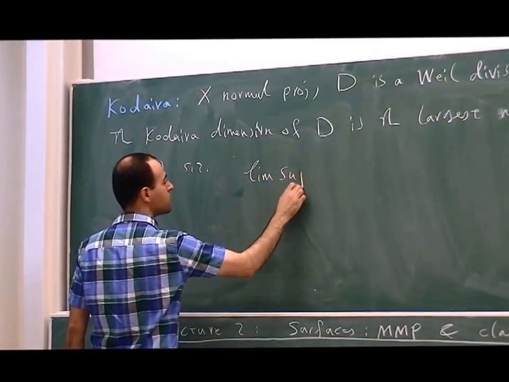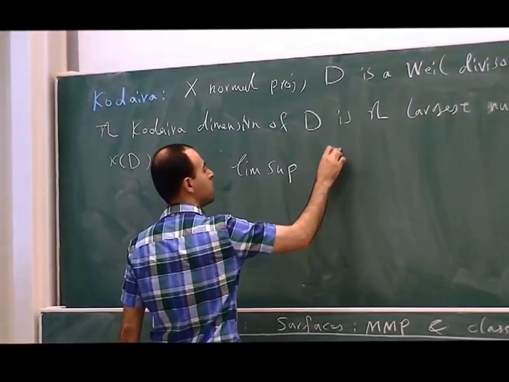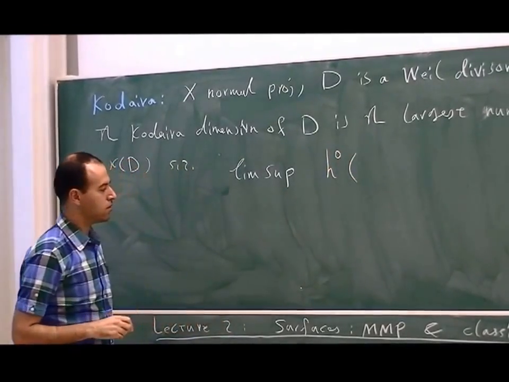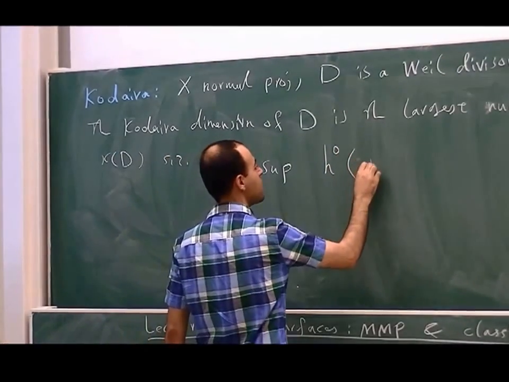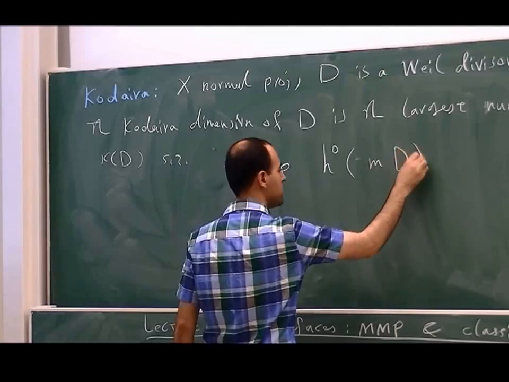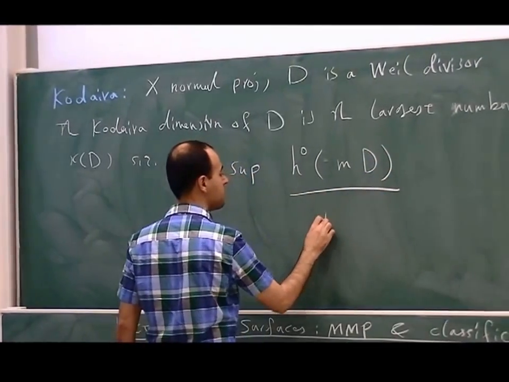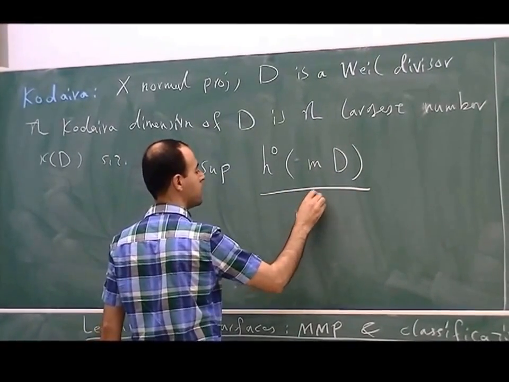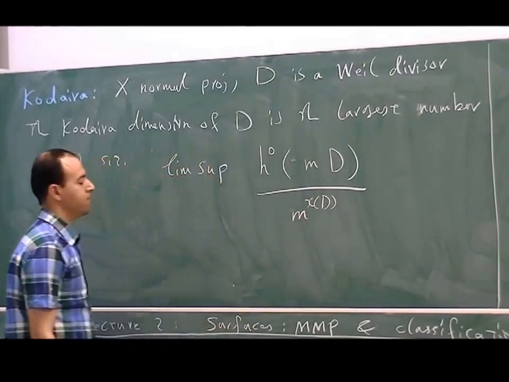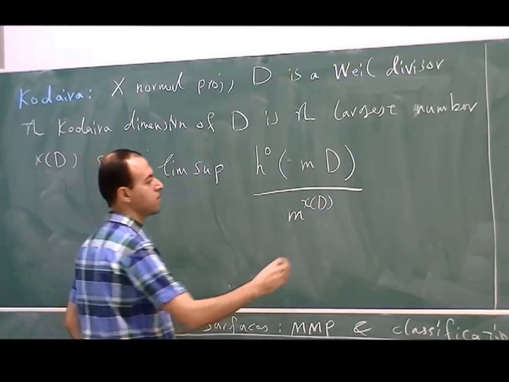you calculate the limsup of the number of sections of m times D, you divide it by m to the power kappa, and I want this to be finite.